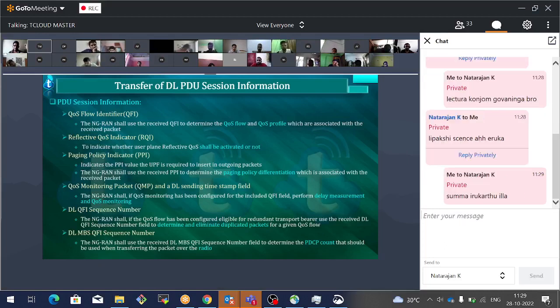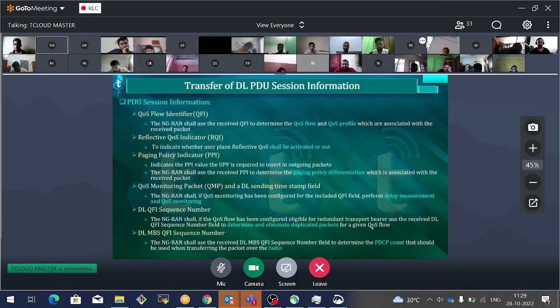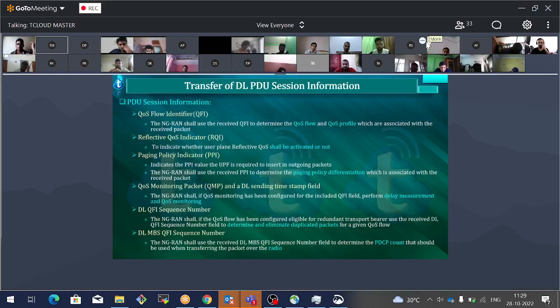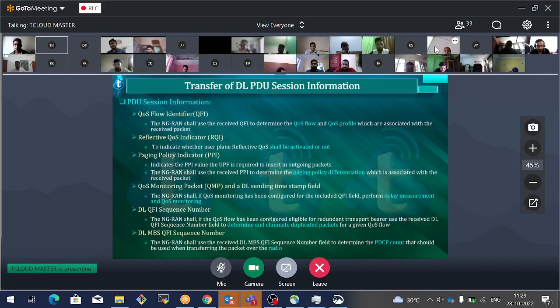But there is a special feature newly introduced in 5G called duplicate transport connections, redundant transport connections between UPF and G-Node B. That means you can have multiple IP addresses for UPF, multiple IP addresses for G-Node B, and you can send the same traffic through multiple paths. Even if you lose the data on one path, you receive the traffic on the other routing path. So this is called the multi-homing feature.